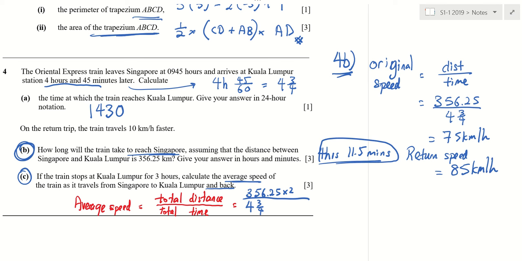So now I am ready. I got return speed already. Do I know the return time? So Zach, what must I do for the return time? So it's not 4 hours 11.5. So can we try the return time?